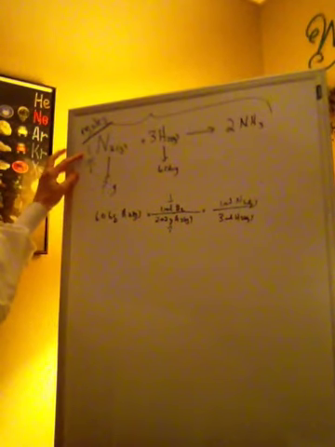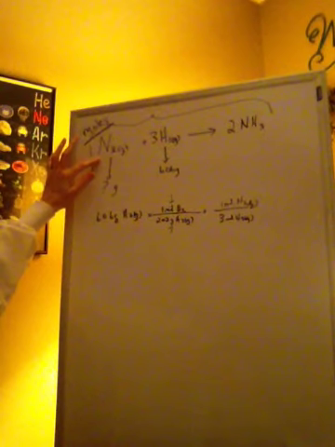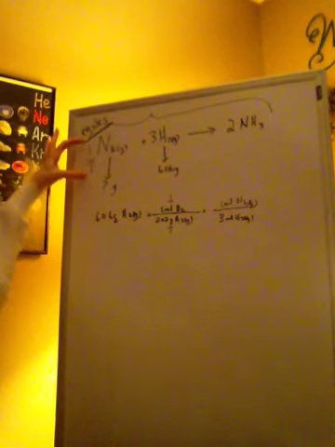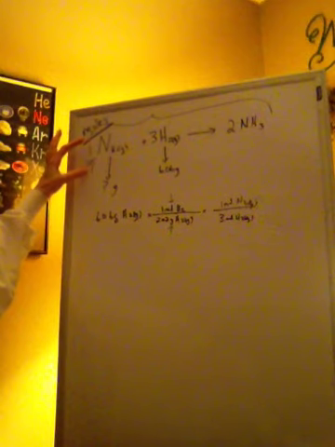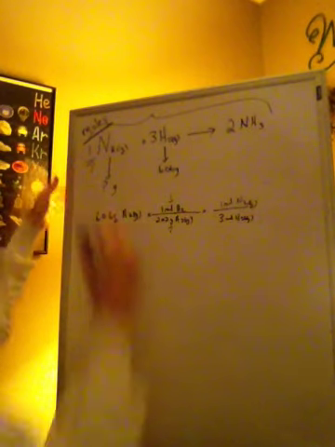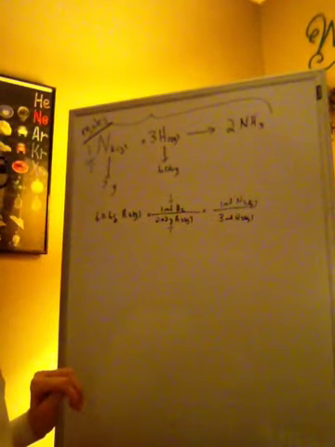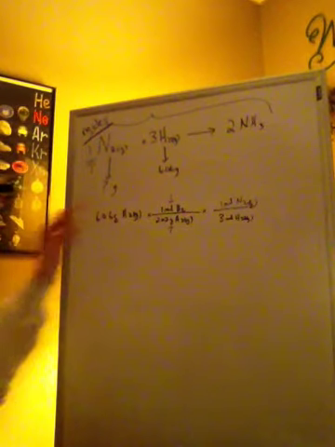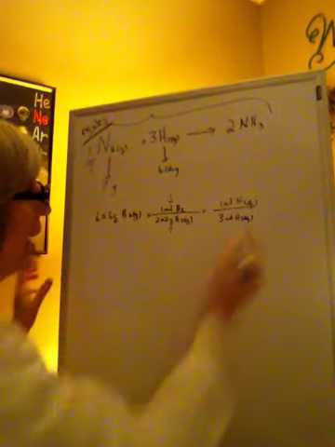I put a 1 in front of this N2 because it didn't have a number. If you don't see any number, it's assumed that it's 1, and 1 times anything is itself. So we have 1 mole of nitrogen gas.